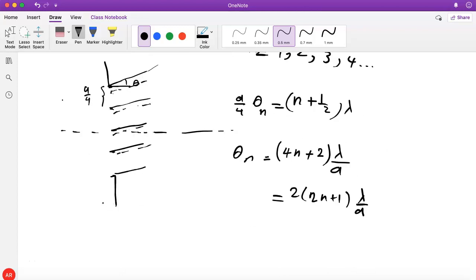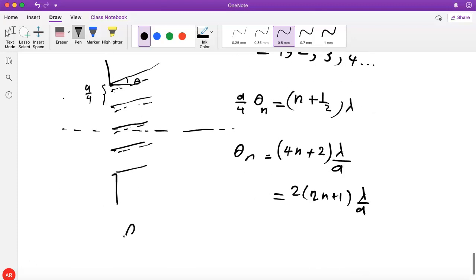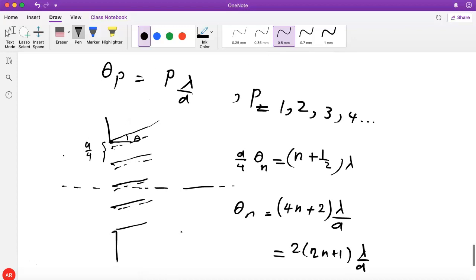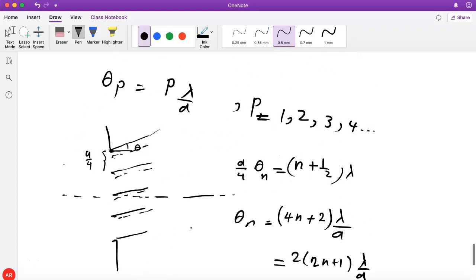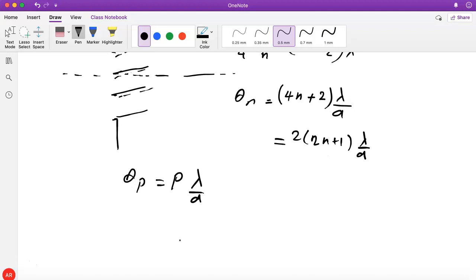But we can keep going with this argument. So in particular, consider any p. So let's say theta p is some integer p times lambda over a. So any integer, right? You can write it as an odd number times a power of 2. So you can keep dividing it by 2 until you reach an odd number.